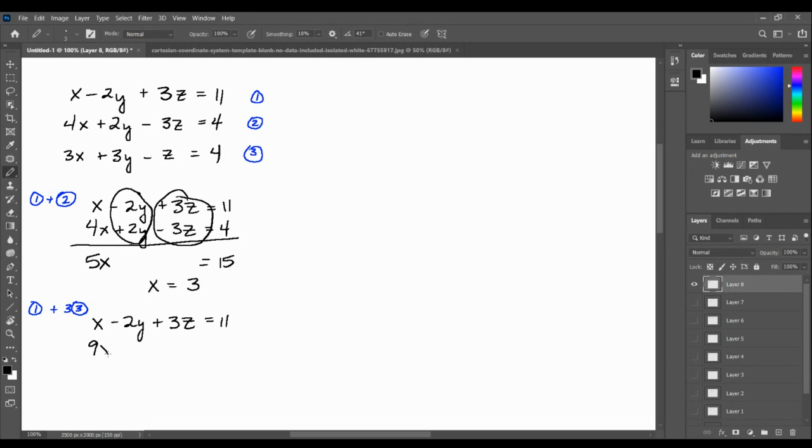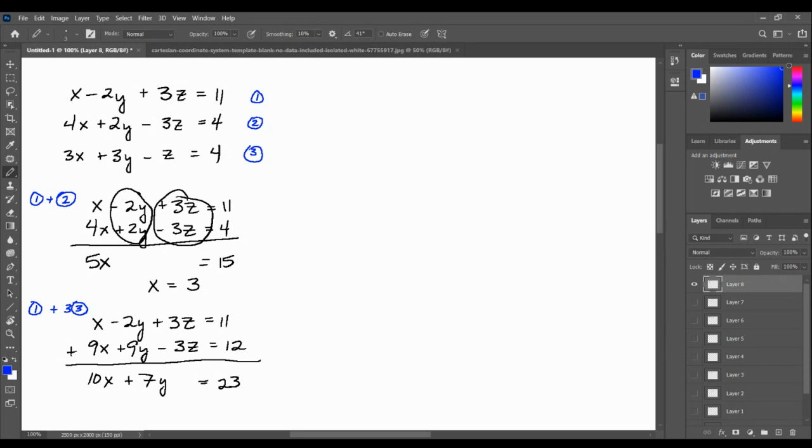So that would give me 9x plus 9y minus 3z equals 12. So I just multiplied every term in equation 3 by 3. Now when I add these together, I get 10x plus 7y. The z's are canceled, equals 23.